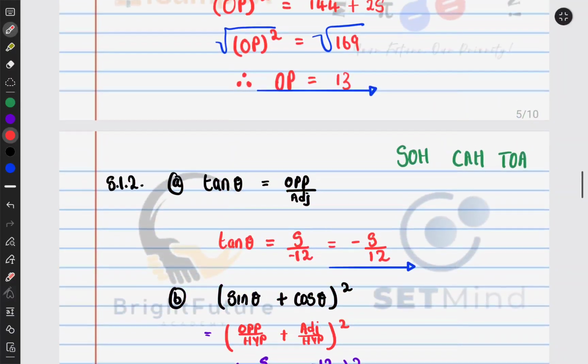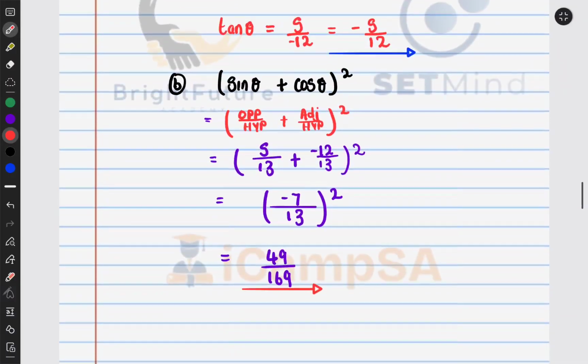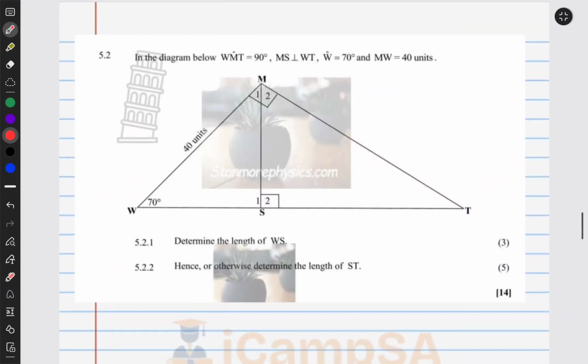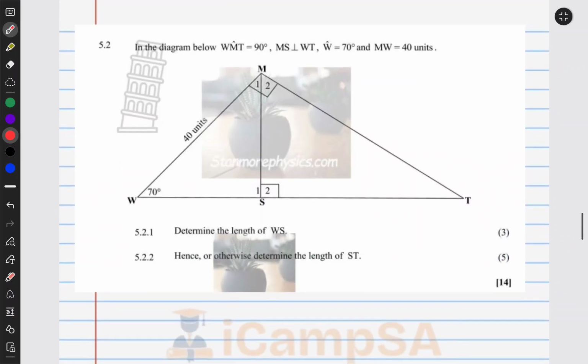Okay, so that is how you go about answering 5.1.2. Okay, let's go to 5.2. We're told that in the diagram below, angle WMT is 90 degrees. WMT, or this angle.